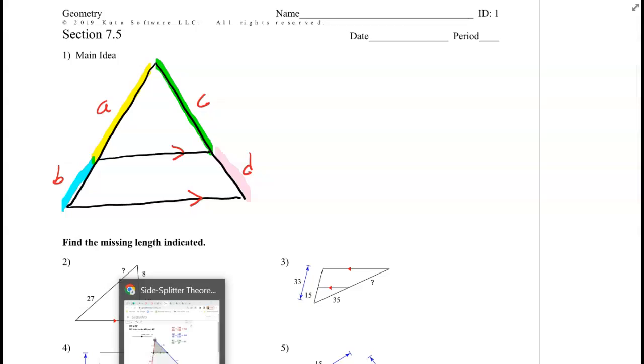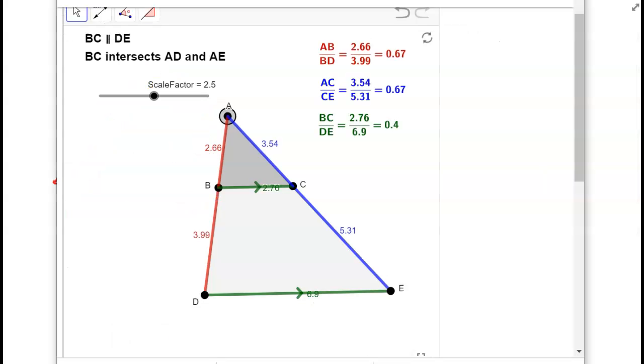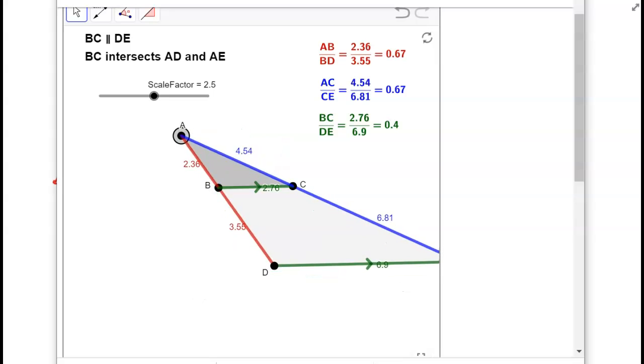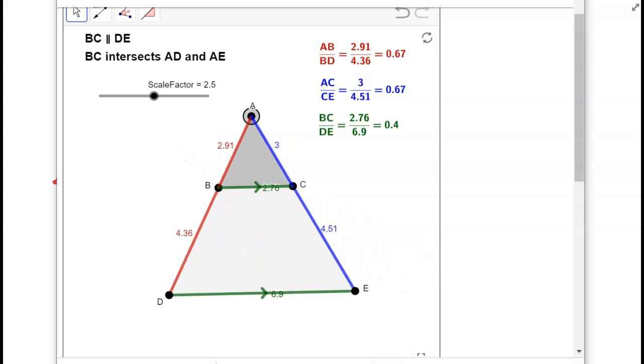I'm going to quickly show you here. If you look at this triangle, I have a scale factor of 2.5 between the big triangle and the little triangle. You'll see that 2.66 over 3.99 and 3.54 over 5.73 are the same fraction, 0.67. Even if I were to change the triangle, those ratios are the same.